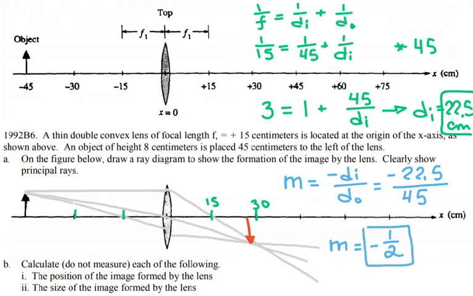An inverted image is formed where the rays meet in real life, so the real rays intersect at that point, and the image is real, inverted, and 1/2 of the size of the original object. The height of the image is the magnification times the height of the object, and since the object is 8 centimeters in height, the image is 4 centimeters in height.